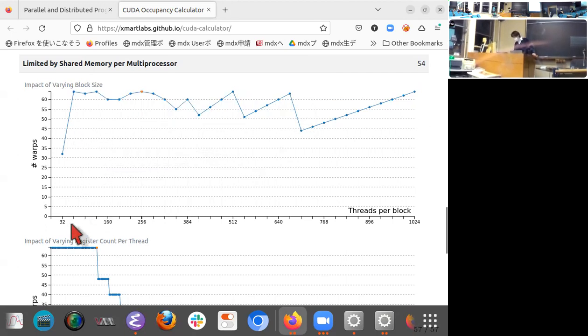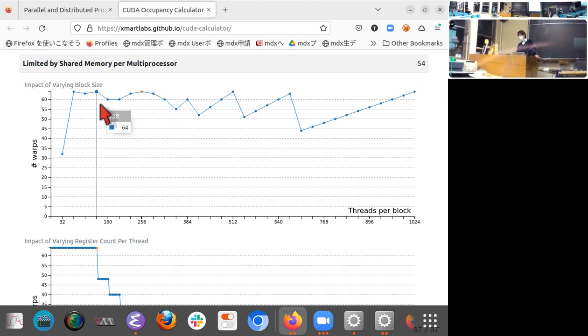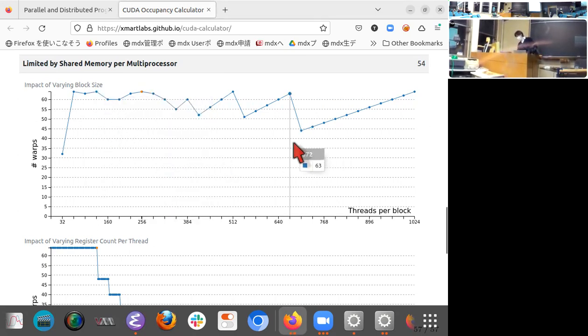For example, this is 2 warps per block, right? So this divides 64. So you get the maximum 64 warps. Similarly, this is 4 warps in a block, which again divides 64. Then you get 64 warps running at the same time. In the worst case you see here, this is 20, this is 21 warps, this is 22 warps.